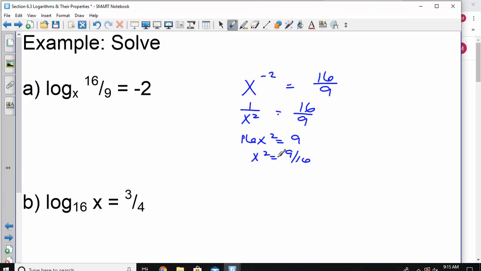What did I use for that? Cross multiply. Get rid of a square, you square root plus and minus, you get x to be positive and negative 3/4. Are both of those okay?